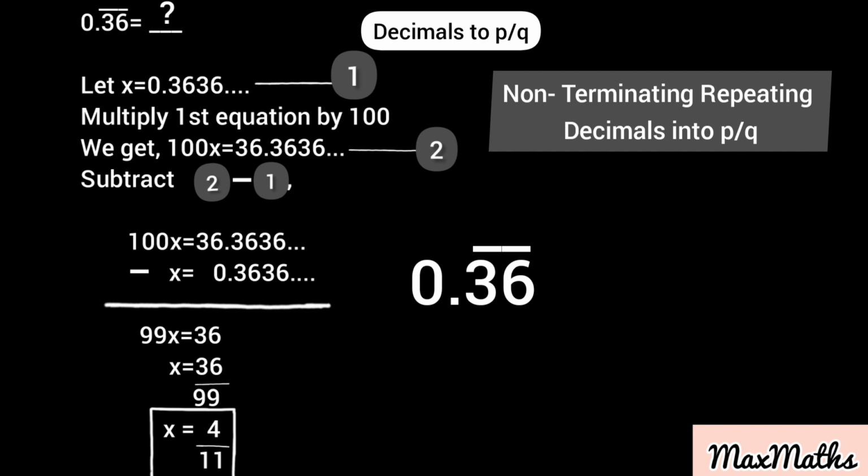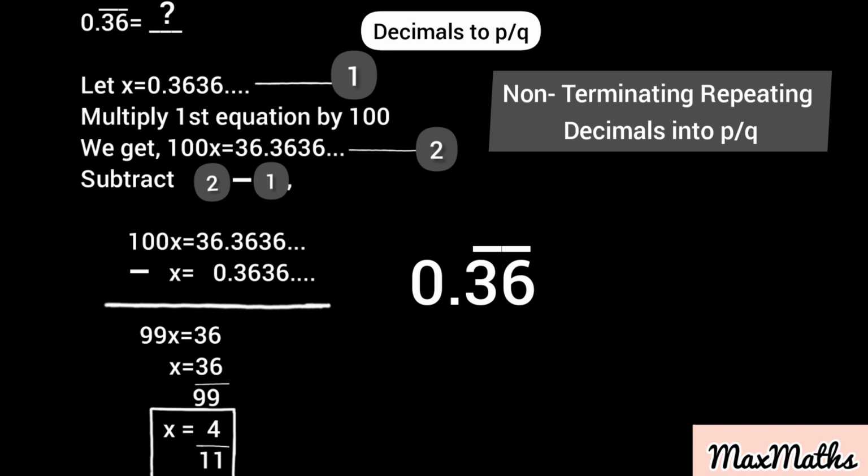When you multiply the first equation by 100, you will get 100x is equal to 36.3636 and so on. When you multiply a decimal by 10, 100 or 1000, the point moves forward. We'll learn about this in our upcoming videos. For now, understand this: when you multiply the first equation by 100, you get the second equation.